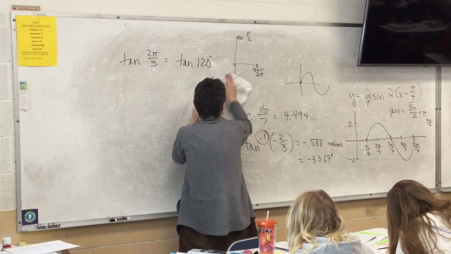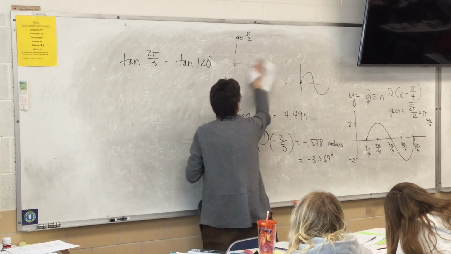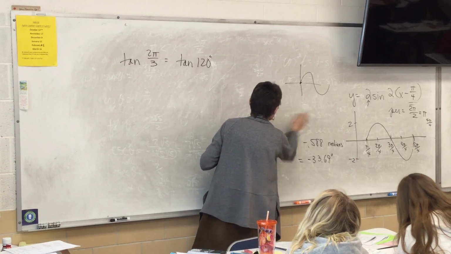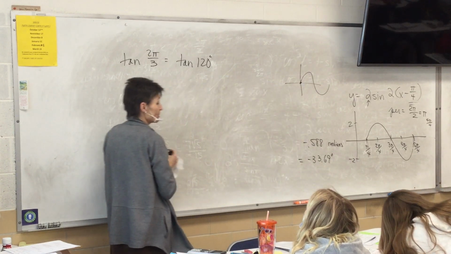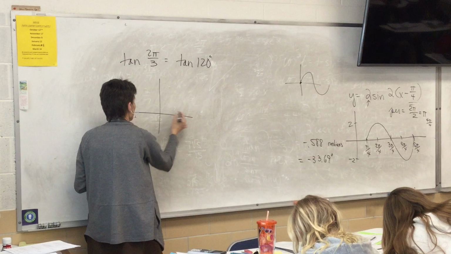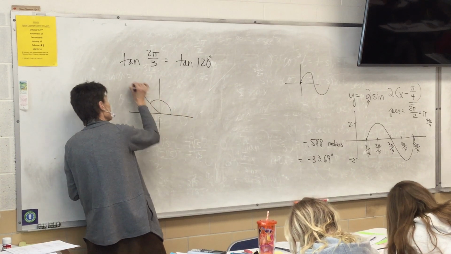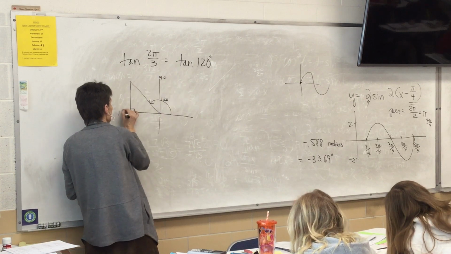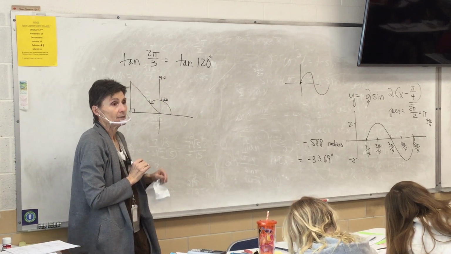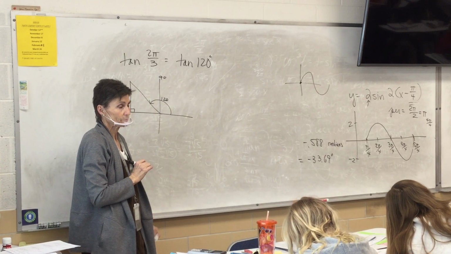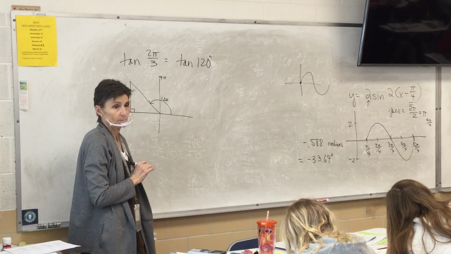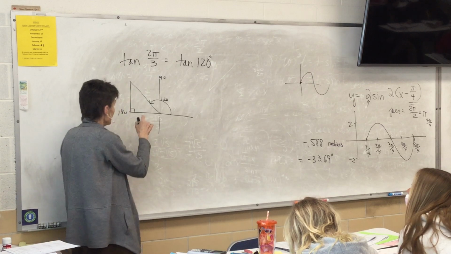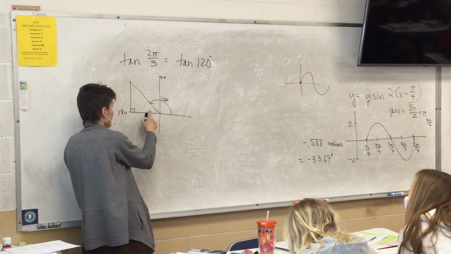Now, I'm erasing my setup right here, but that is the setup that I am going to use to draw 120 degrees. So 120 degrees is going to be over here like this. Because isn't it between 90 and 180? This angle right here is the key to the whole shebang.